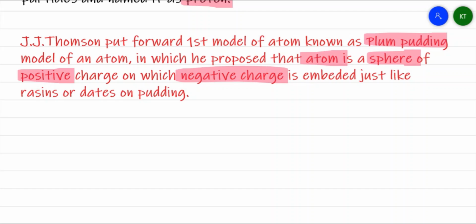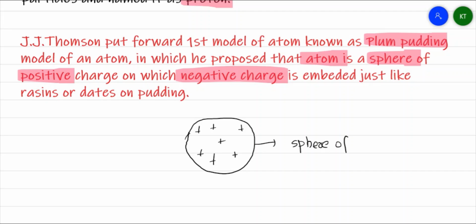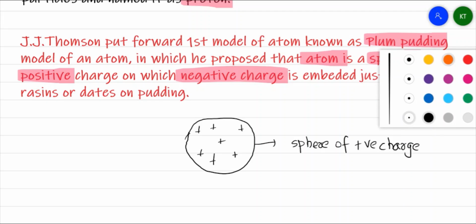So if I have a sphere of positive charge, here, this is a sphere of positive charge, on which negative charge is embedded.